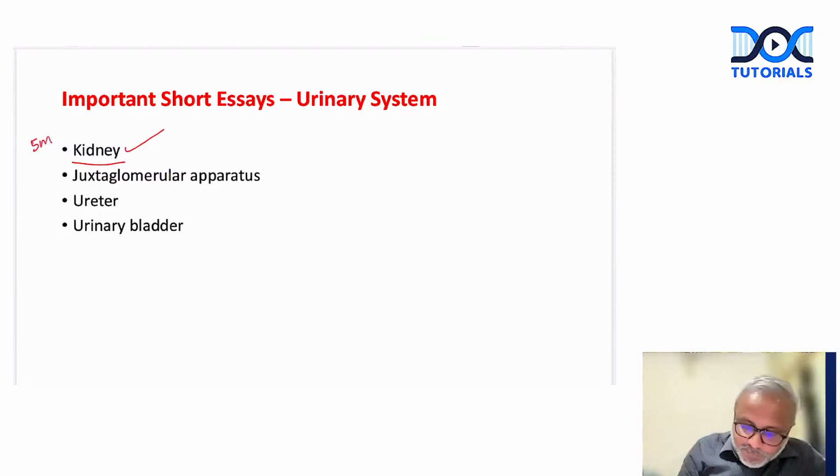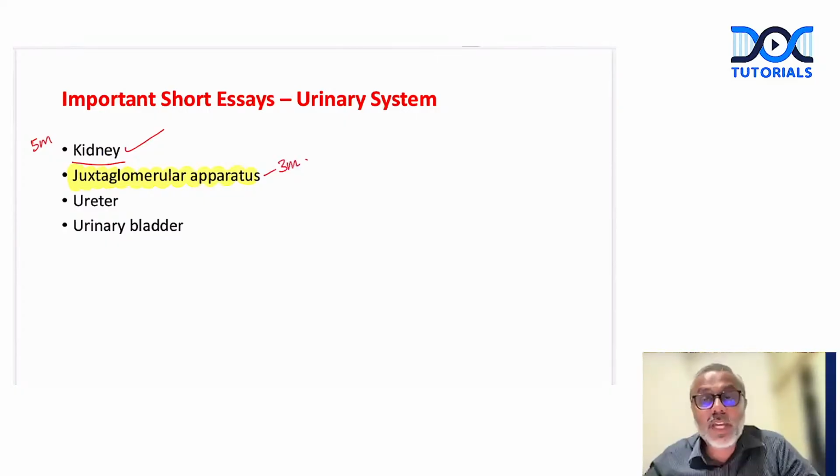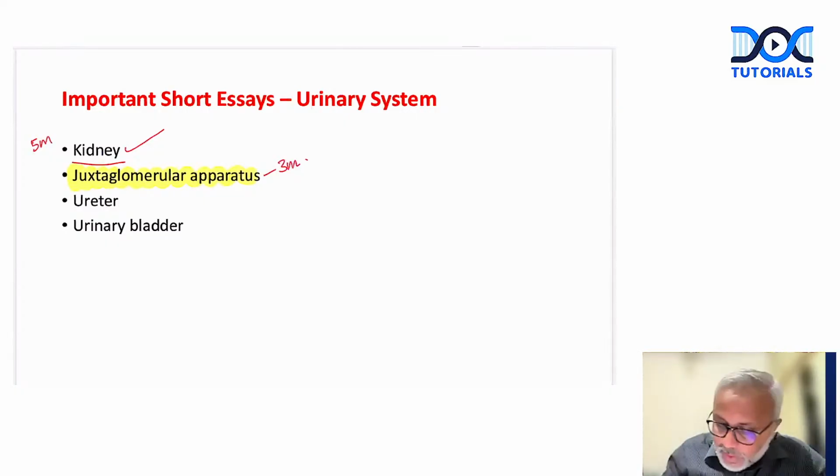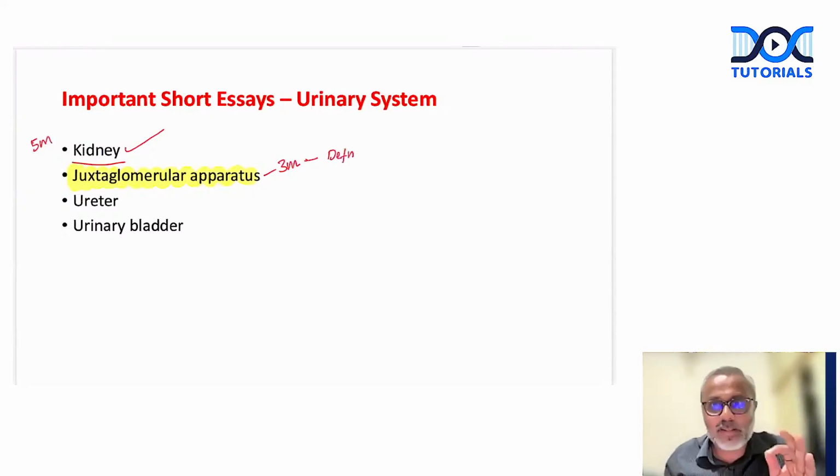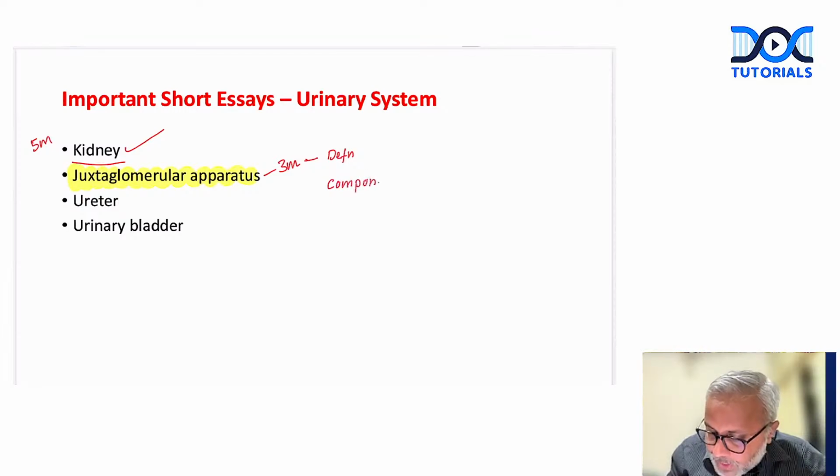In the topic of kidney, more important than the microscopic structure, I would say, the juxtaglomerular apparatus. This could be an important 3-marker question, okay? Where we need to define what juxtaglomerular apparatus is. Then we need to describe about the components.